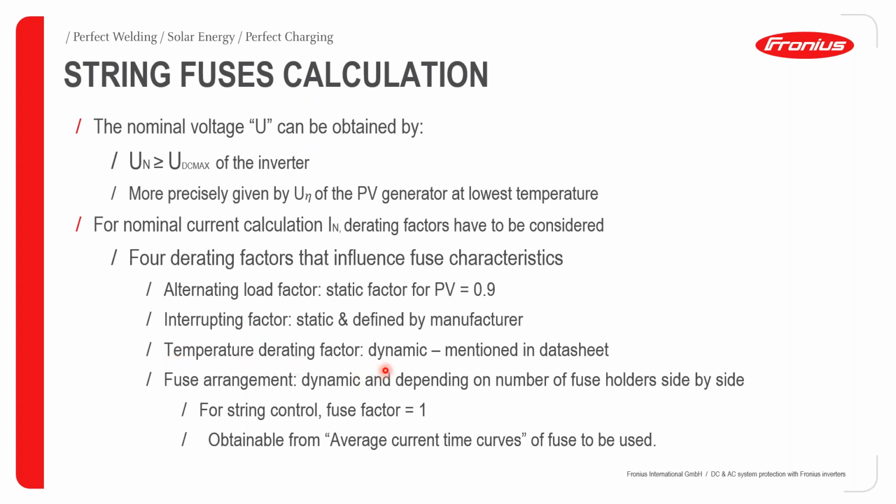This is a dynamic factor, also mentioned in the data sheet. And then we have another factor, which is the fuse arrangement, which is also dynamic, and of course depends on the number of fuse holders that are installed side by side. So for string protection, basically the fuse factor is usually 1, and of course these values can be obtained from the average time curves of the fuse to be used.